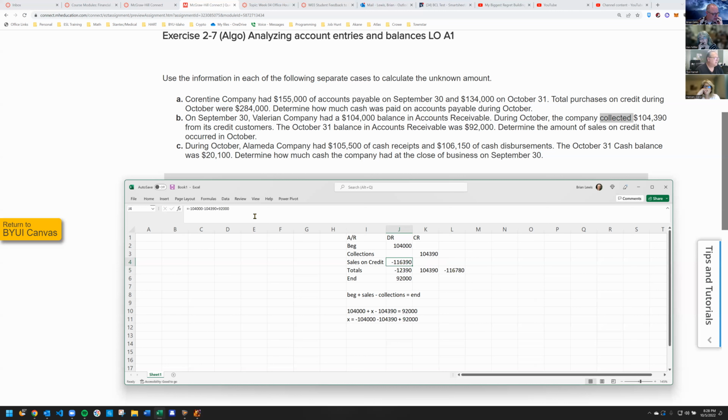Sales on credit, but that's as a positive. Why am I not getting this right? Beginning plus sales on credit minus collections equals the end.